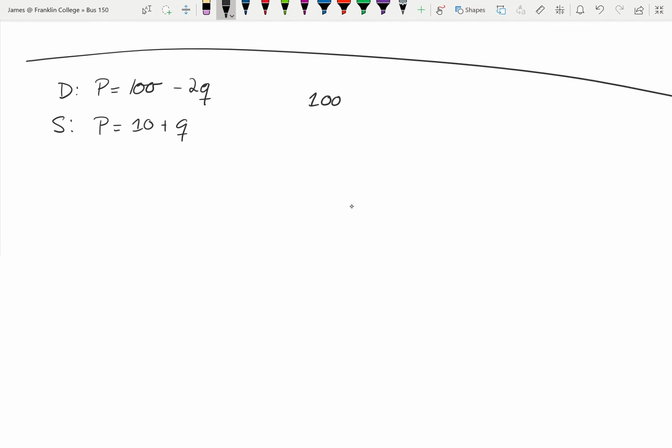So 100 minus 2Q equals 10 plus Q. And we're going to want to solve for that Q now. So let's subtract 10 from both sides, add 2Q to both sides, and we get 90 equals 3Q. We divide both sides by 3, and we are going to get 30 equals Q.